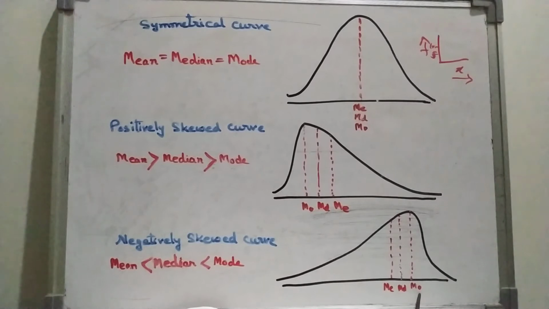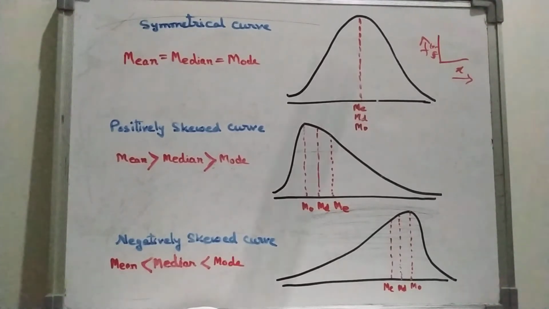So here mode is greater than median and median is greater than mean. When you have written mean, median, mode, we need to put the symbol. Look here, mean is less than median.